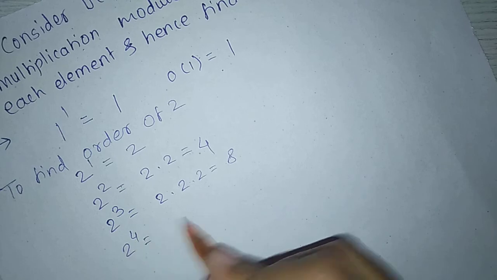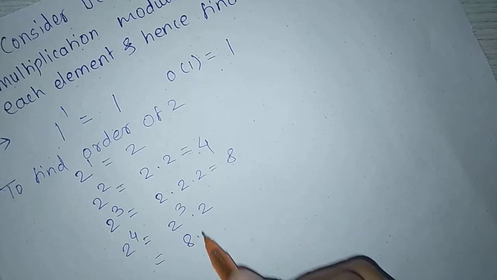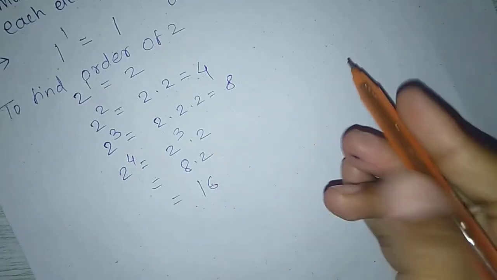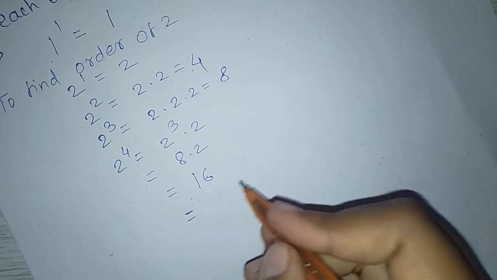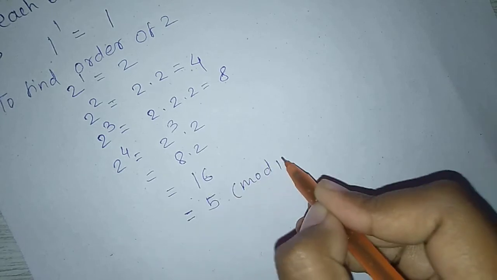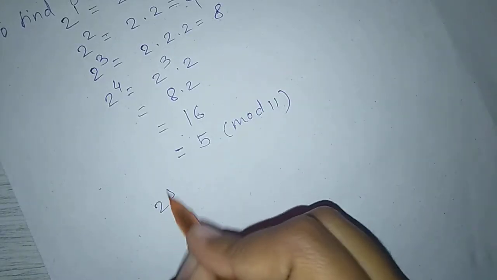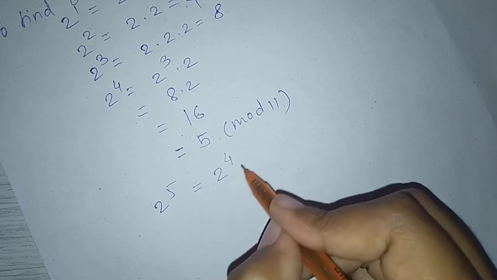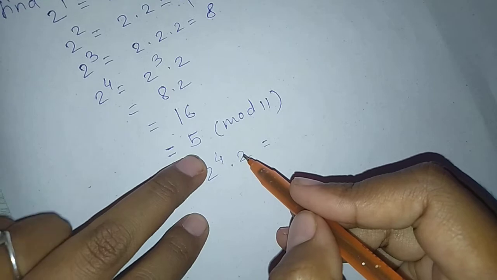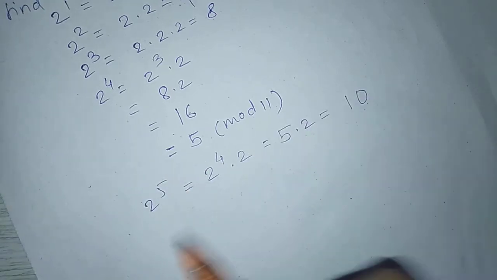Similarly, 2 raised to 4 equal to 2 raised to 3 into 2, and 2 raised to 3 is 8. 8 into 2 equal to 16, and under modulo 11, 16 is nothing but 5. 2 raised to 5 equal to 2 raised to 4 into 2, and 2 raised to 4 is 5. 5 into 2 equal to 10.